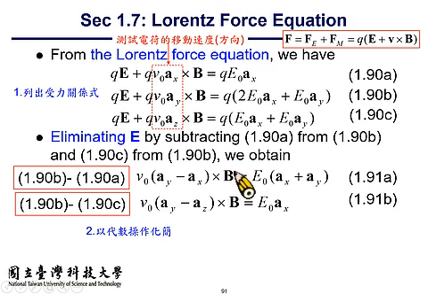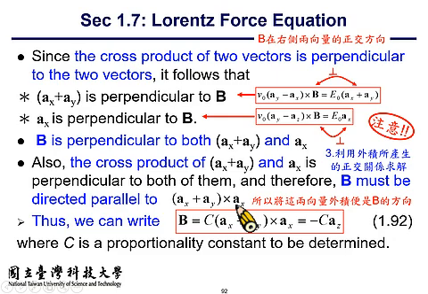What is the unknown? The unknown in these 2 equations is B, the magnetic flux. How to find out B over here? Well, our knowledge of this problem is that the end product, the result to the right, is perpendicular to B and perpendicular to the first vector as well.